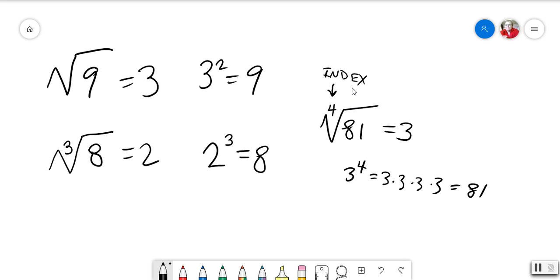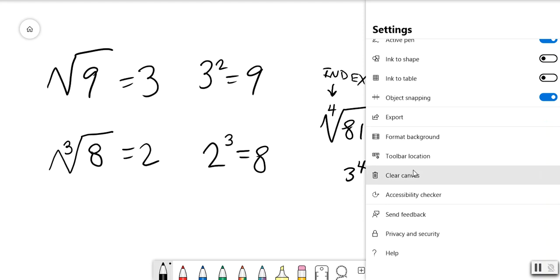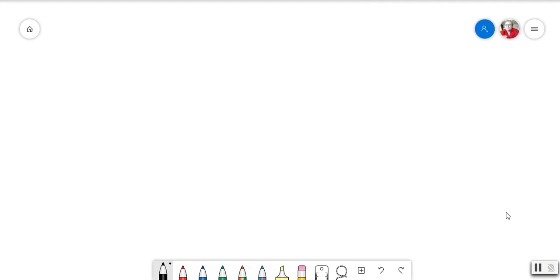Okay. Now, one thing that is an important rule, suppose I had the square root of 4 squared.